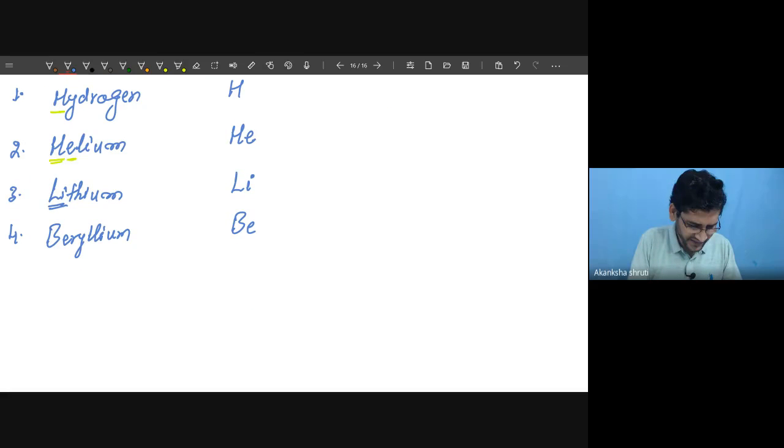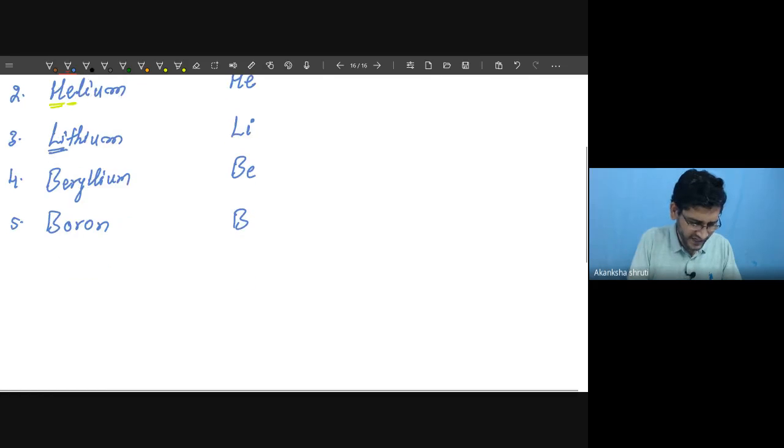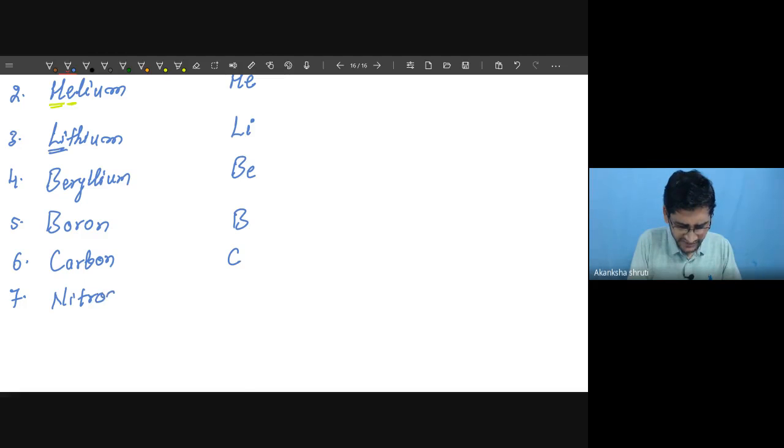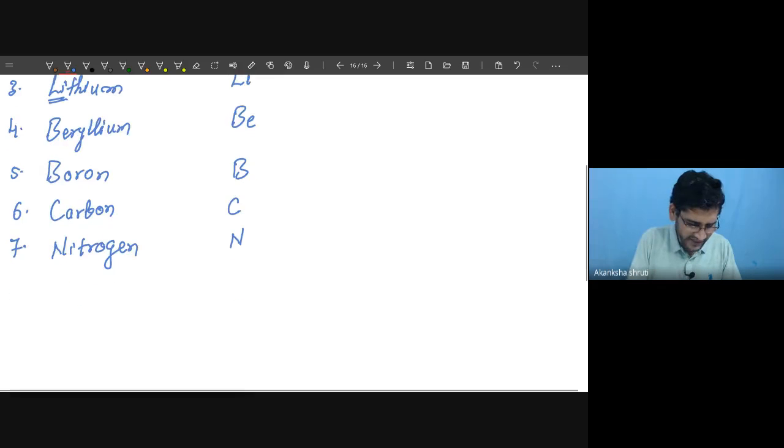The fifth one is our boron. The symbol for this is B. The sixth one is our carbon. The symbol for this is C. The seventh one, nitrogen. The symbol for nitrogen is N. The eighth one, oxygen.